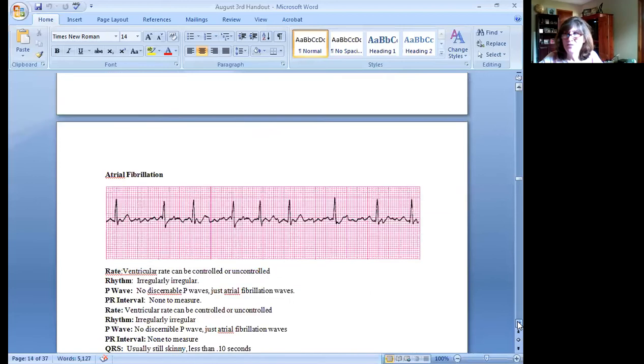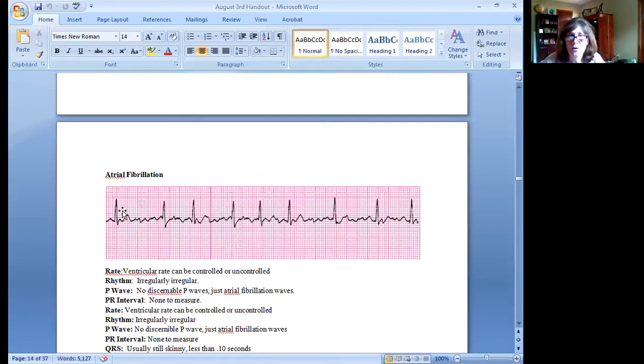It's one of my favorite things to talk about, AFib. 2 words, repeat after me. Irregularly irregular. Atrial fibrillation. Irregularly irregular. Calculating this heart rate, the monitor says my rate is 90. 6-second strip says my rate is 90.